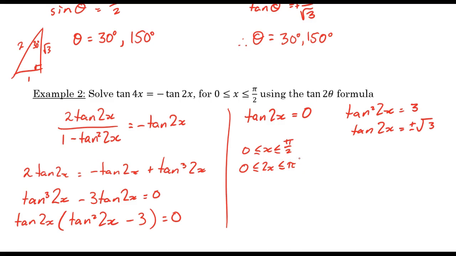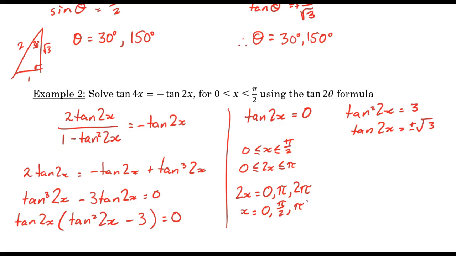So between 0 and pi, when's tan 2x equal to 0? Well, tan produces 0 at 0, pi, and 2 pi. So I'm going to say 2x equals 0, pi, 2 pi, or x equals 0, pi on 2, pi.